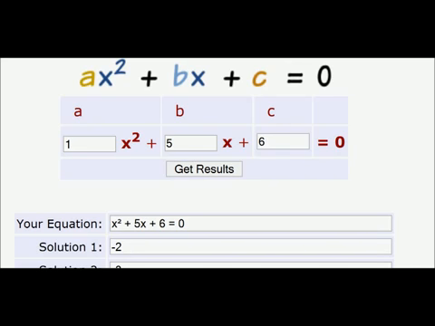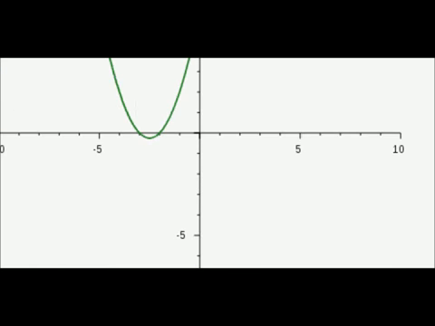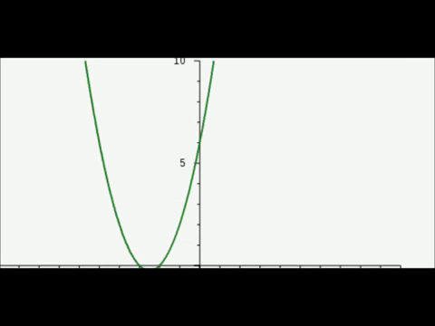If we look at the graph of the given equation, we see that the graph crosses the x-axis at minus 2 and minus 3. These are the two values that satisfy the given equation, or these are the two roots of the equation.